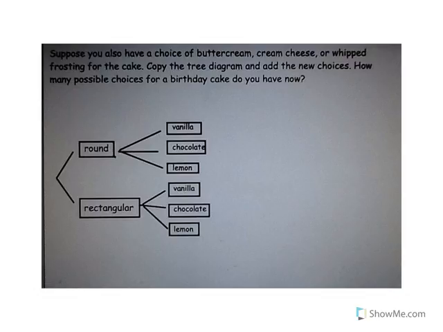So suppose you also have a choice of buttercream, cream cheese, or whipped frosting for your cake. Copy the tree diagram and add the new choices. How many possible choices for a birthday cake do you have now? Okay, so now we've got 3 different types of frosting as well. So for each of these, we'd go ahead and write buttercream, cream cheese, and this one is whipped.